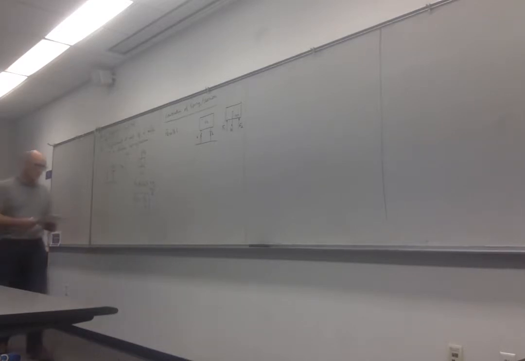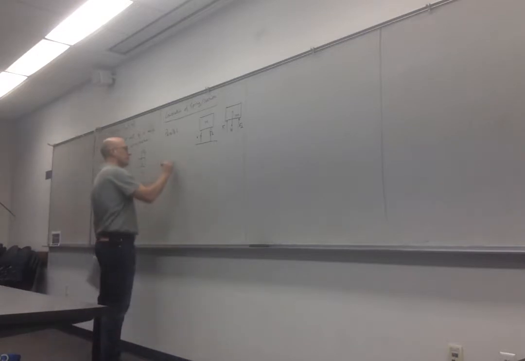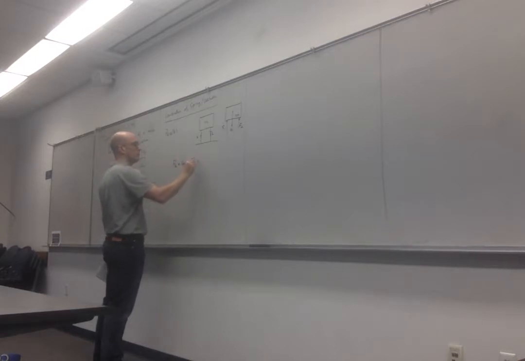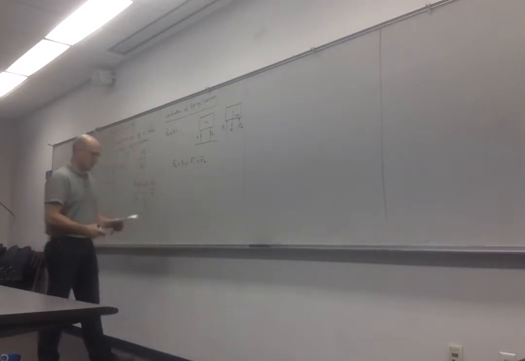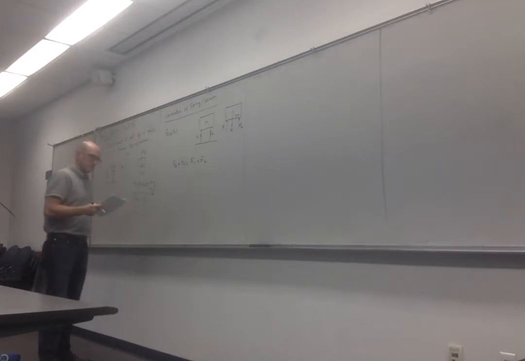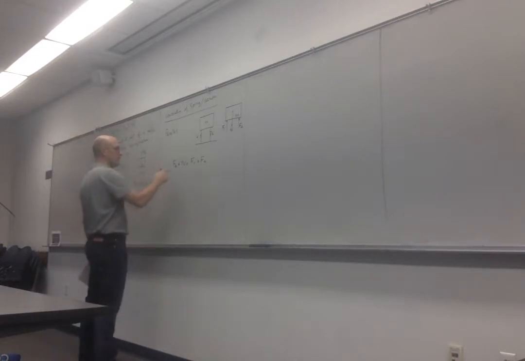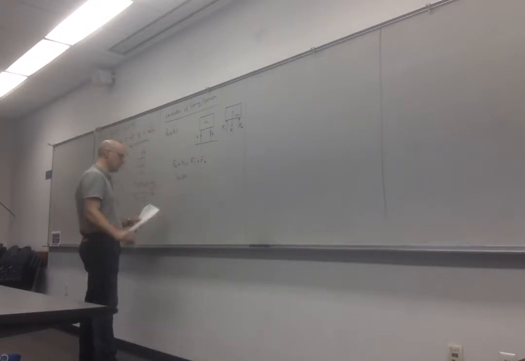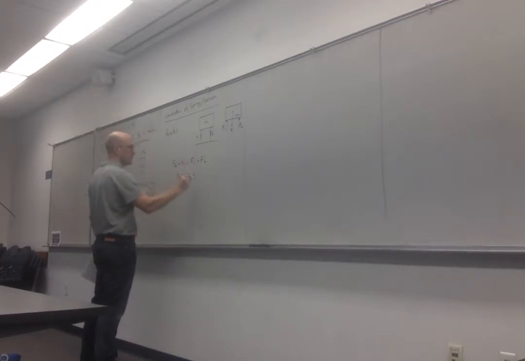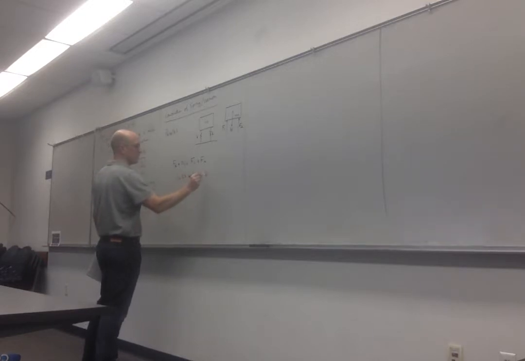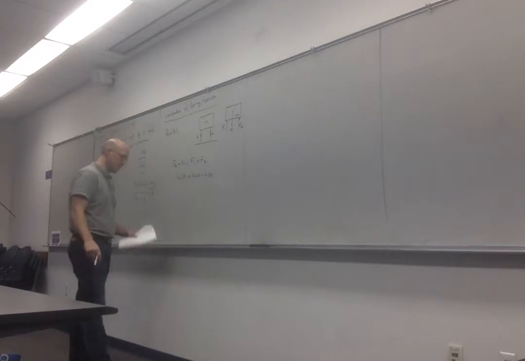So what we know here is that the equivalent force is equal to the weight, and that's equal to the sum of those two forces, F1 and F2. So the equivalent force here is going to be K sub E times a certain displacement, that would be equal to K delta X plus K delta X.